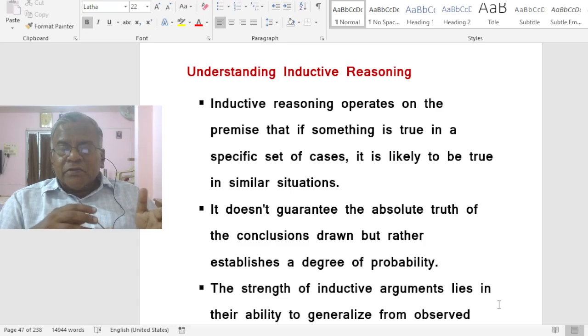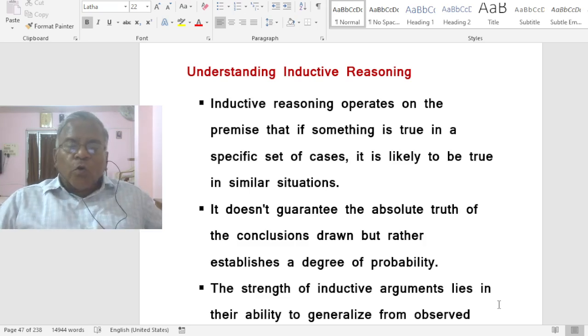You see, 90% of the swans are white. So, you tend to think that the swan which would be in the next pond will be also white. This is how you are taking. So, if something is true in a specific set of cases, it is likely to be true in similar situations.